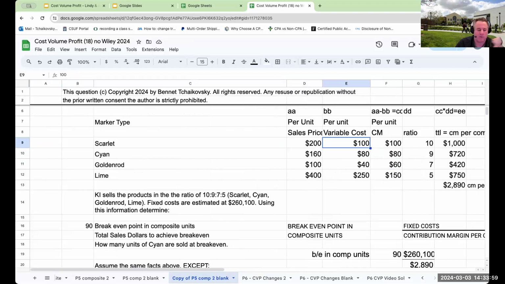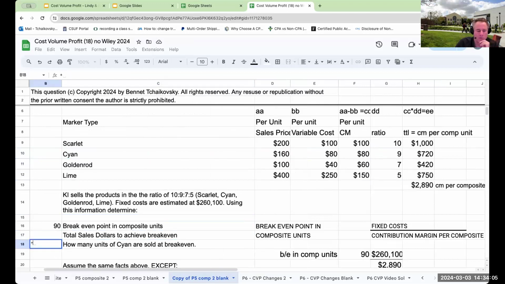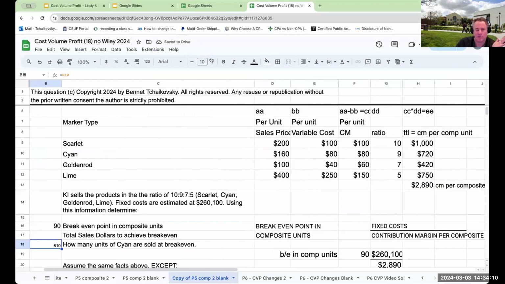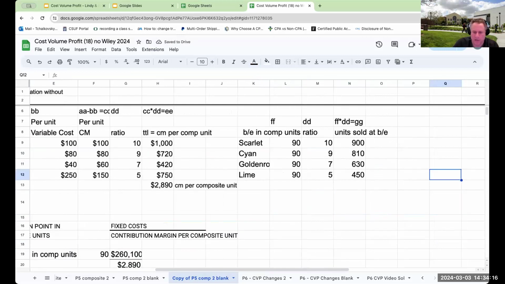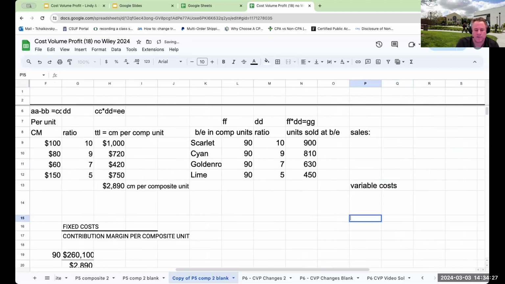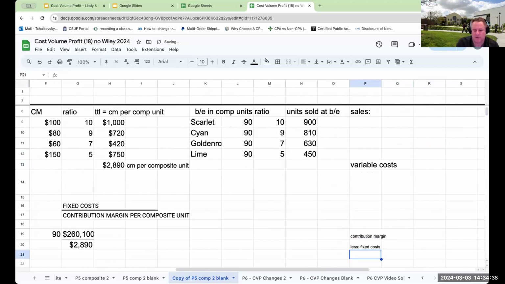Coming over here, how many units of cyan are sold at break even? Well, my number of units of cyan is going to be 810. But how do we know that these numbers are correct? Let's take a look. If we look at our old formula, we have our sales, less variable costs, which gives us our contribution margin, and then less our fixed costs gives us our net income.